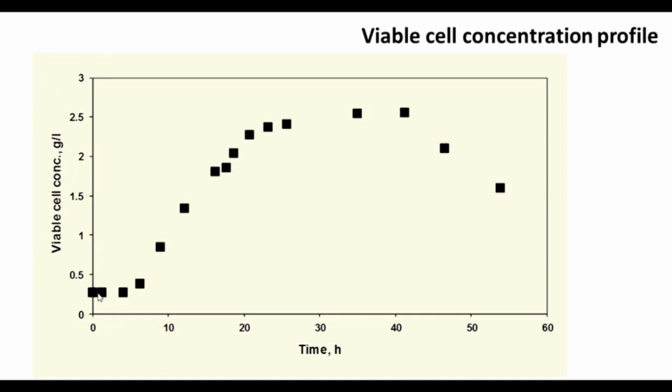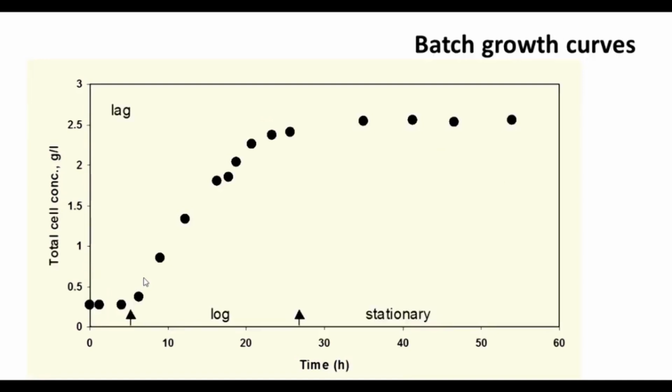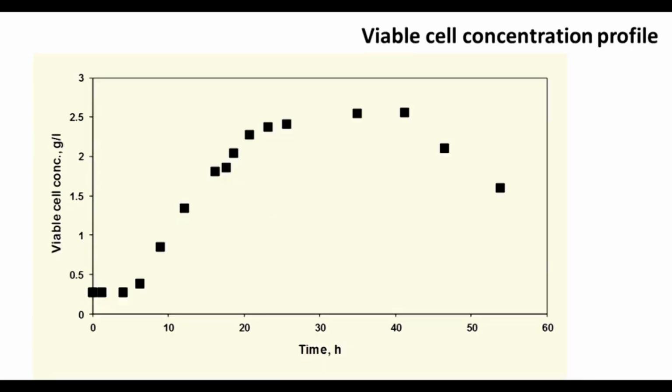As you can see, there is a good overlap of the viable cell concentration with the total cell concentration in this region till about here, and then at around 40 hours it starts going down as expected, because the viable cell concentration would drop after some time in the stationary phase. You enter the death phase, which will show up in the viable cell concentration profile. It does not show up for a long time in the total cell concentration profile.